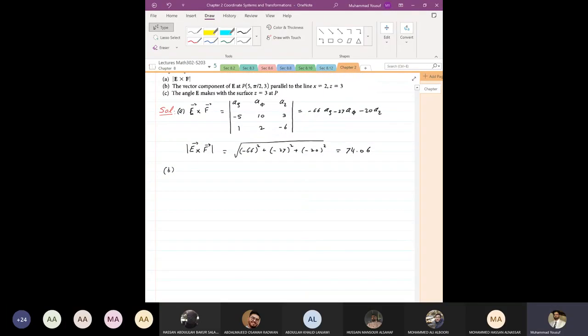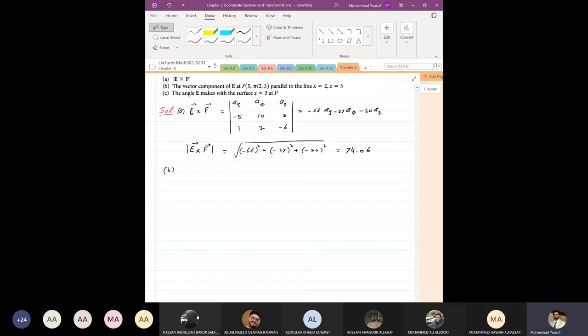Now in part B, it says the vector component of E at point P parallel to the line x equal to 2, z equal to 3. You know this from your calculus Math 201, exercise 12.5, parametric equations of a line.